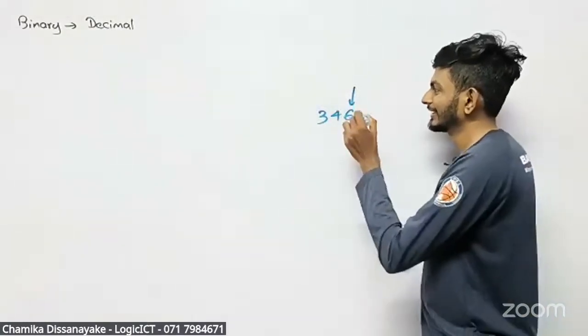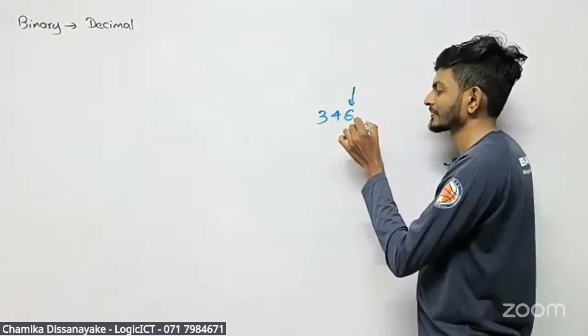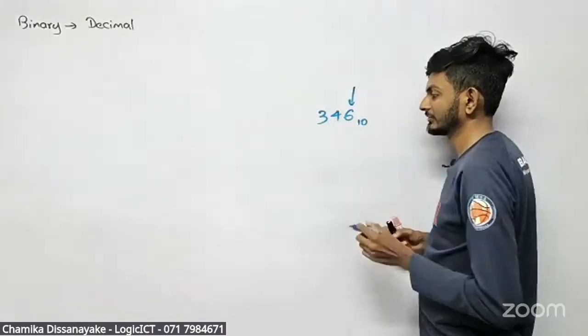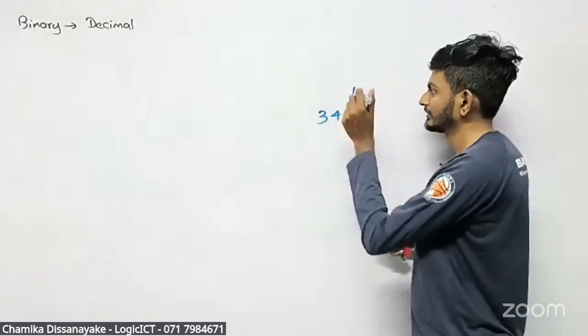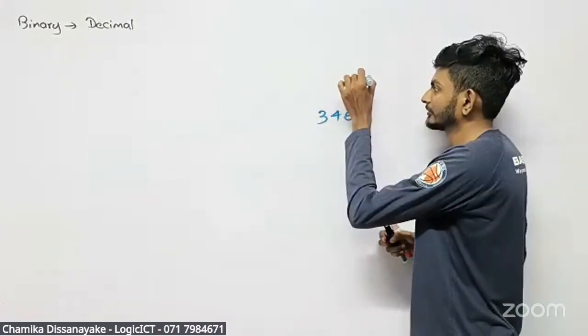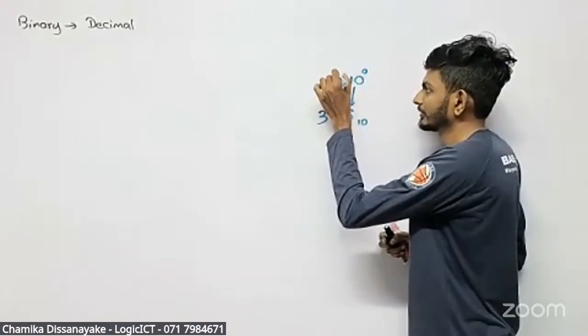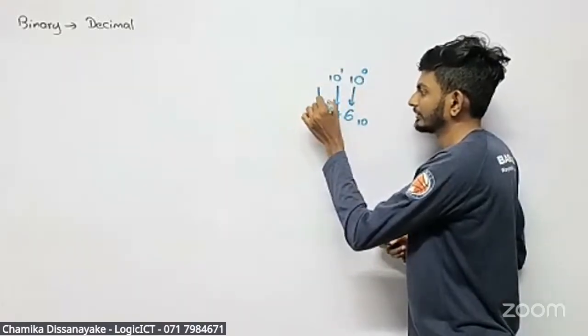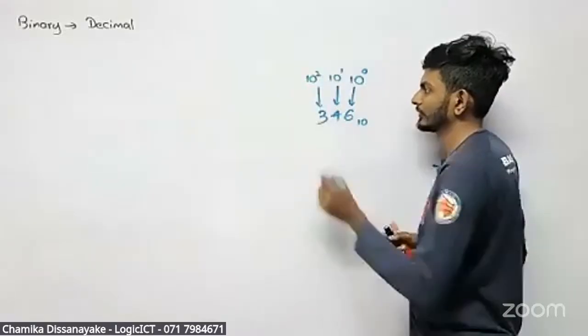Here the weighting factor is what? This is base 10, that means decimal. So this will be 10 to the power 0, this will be 10 to the power 1, and this will be 10 to the power 2. What we are going to do is multiply this weighting factor by the value. Let's get the first one. The weighting factor is 10 to the power 0.